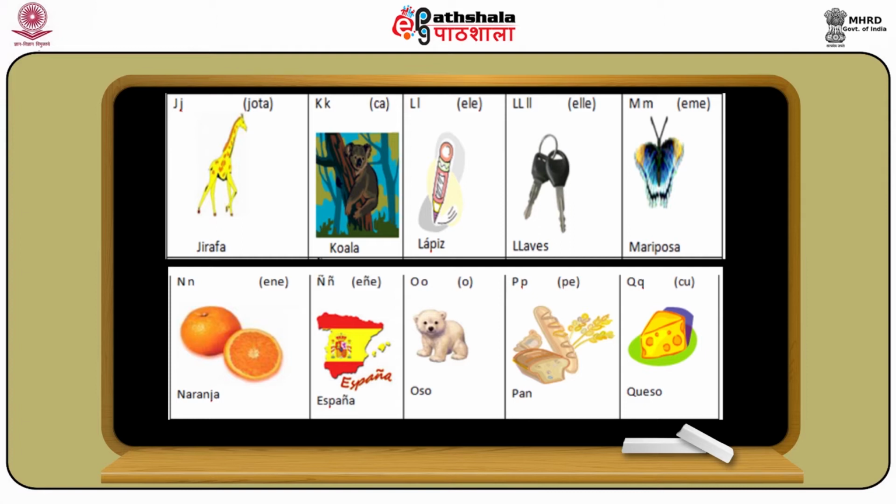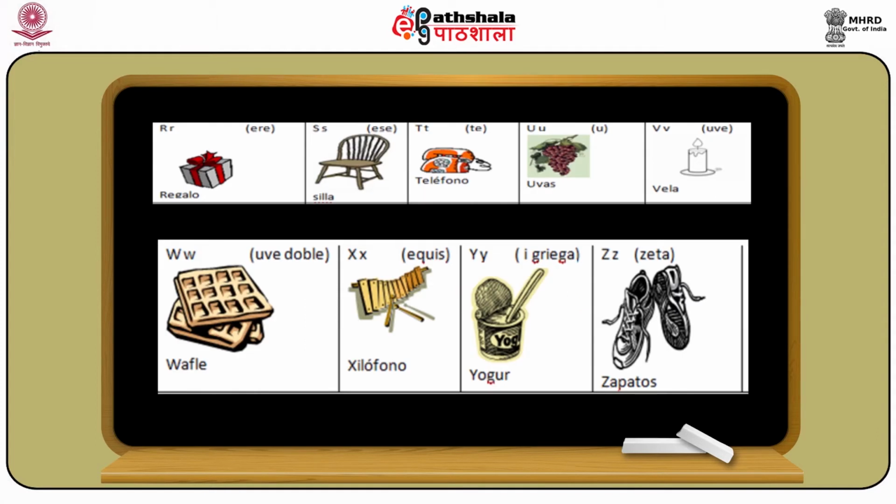N as in naranja, Ñ as in España, O as in oso, P as in pan, Q as in queso, R as in regalo, S as in silla, T as in teléfono, U as in uvas, V as in vela, W as in waffle, X as in xilófono, Y as in yogur, and Z as in zapatos.